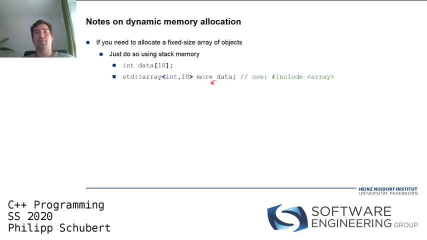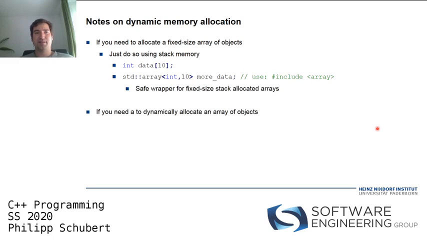And this std::array type also knows its size, whereas with the built-in array, you have to carry the size of 10 yourself somehow. So always prefer the std::array wrapper type if you need to allocate a fixed size array on the stack.